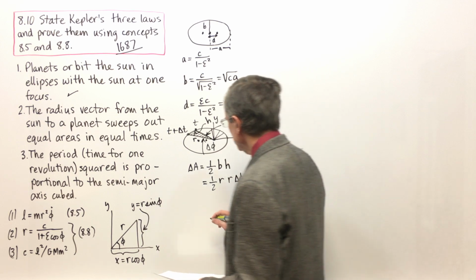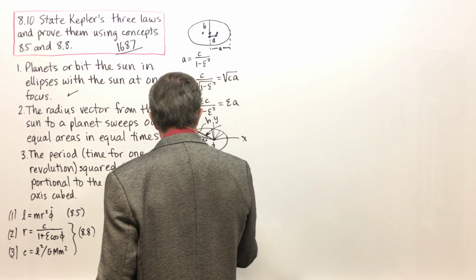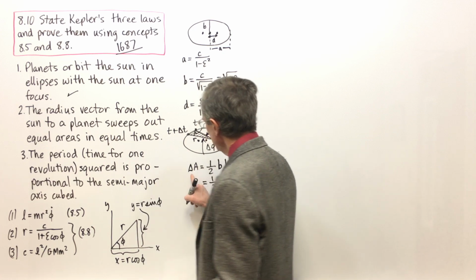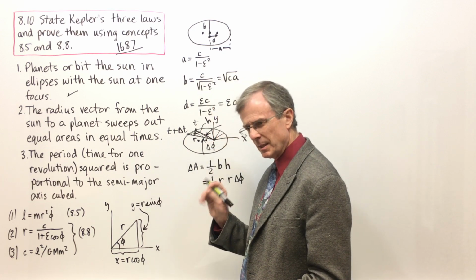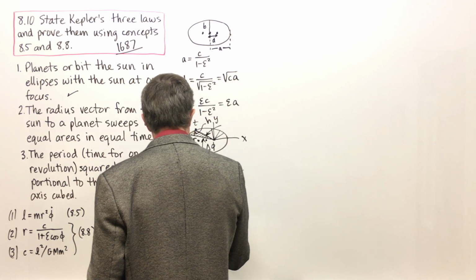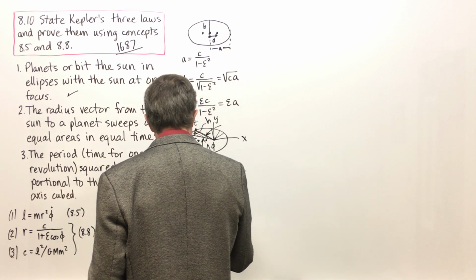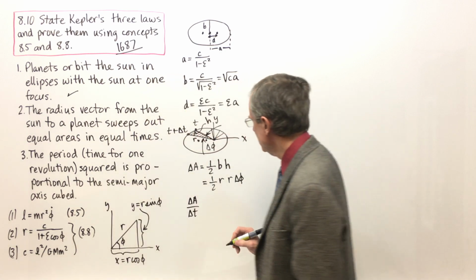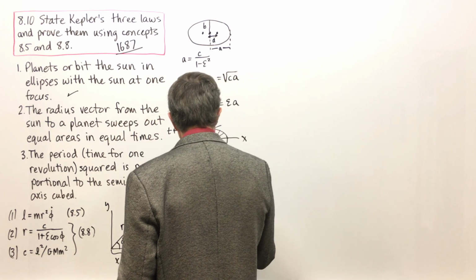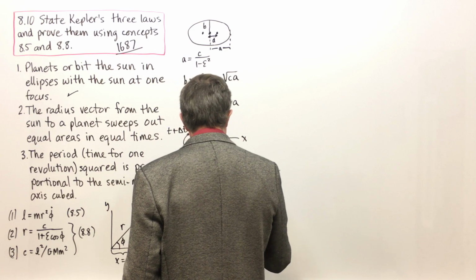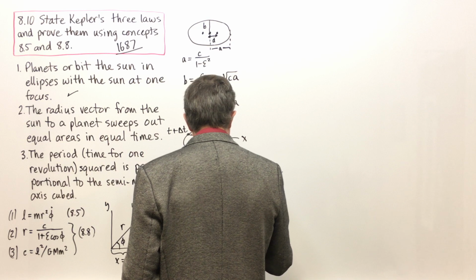Well, now amazingly, we can divide through and take the limit as this time interval goes to 0. Delta A divided by delta t equals 1/2 r squared delta phi divided by delta t.